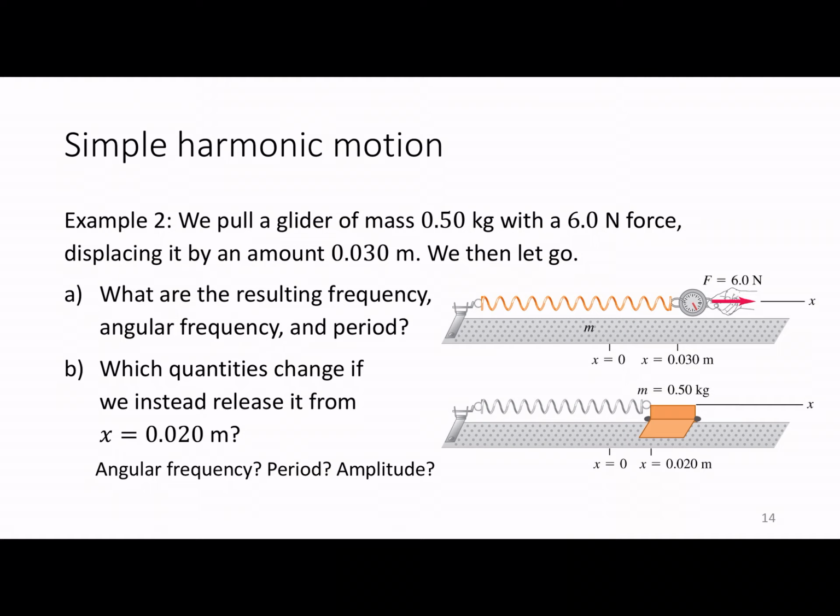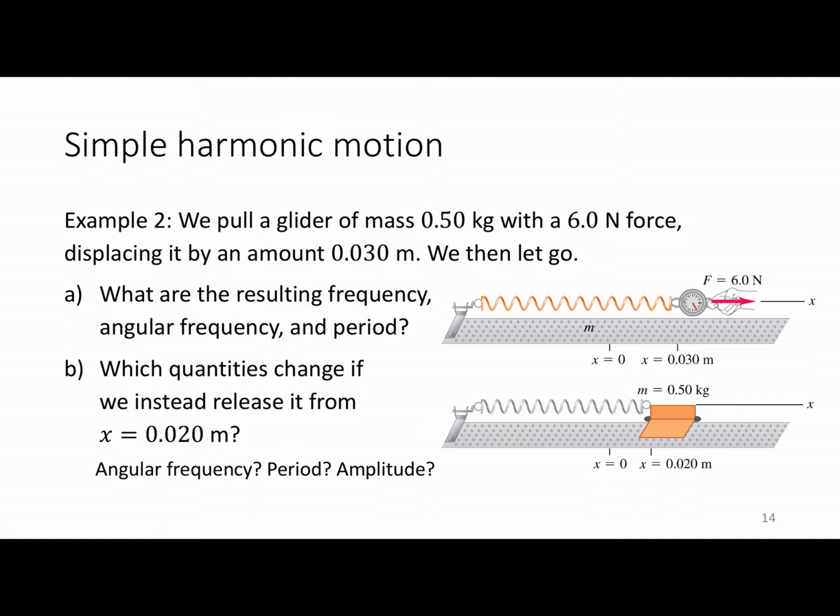So let's go through it one by one. Does angular frequency change, yes or no? The answer is no. Angular frequency is the square root of K divided by M, always. K is constant. It's 200 newtons per meter. M is constant at 0.5 kilograms, so angular frequency does not change.